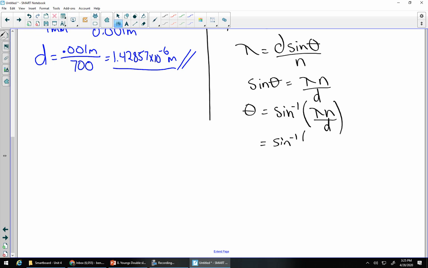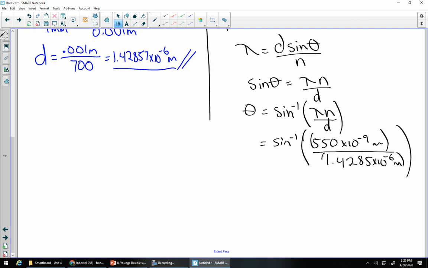And then we're going to divide that by what we just figured out, 1.4285 times 10 to the negative 6 meters. So that's our distance between the slits.